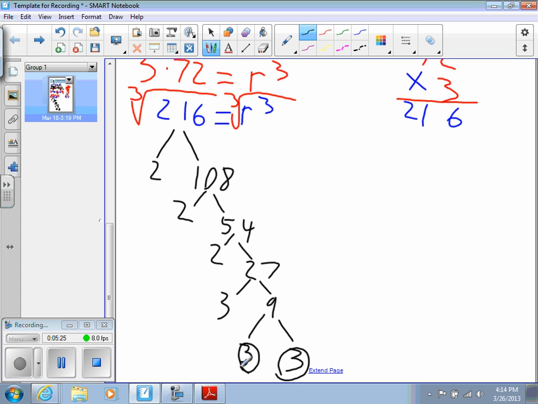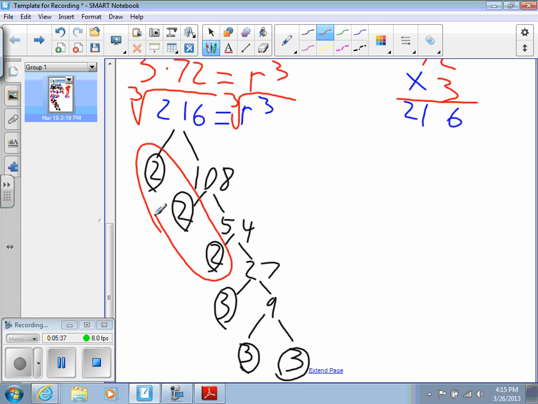So let's circle the primes. Now, I have a set of 3 2s and a set of 3 3s. So this 2 times 2 times 2, that's 8.